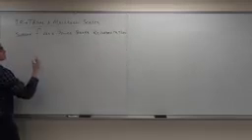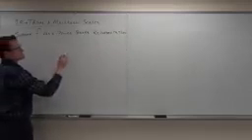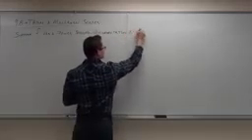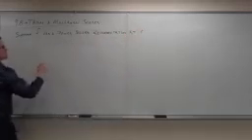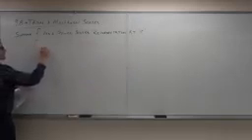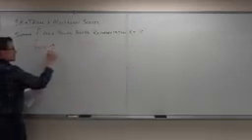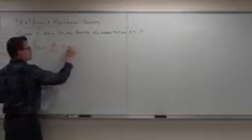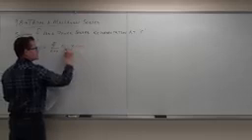The first thing we know, and let's suppose this is at the point c, is that f of x would equal a series from n equals 0 to infinity of a sub n times x minus c to the n.